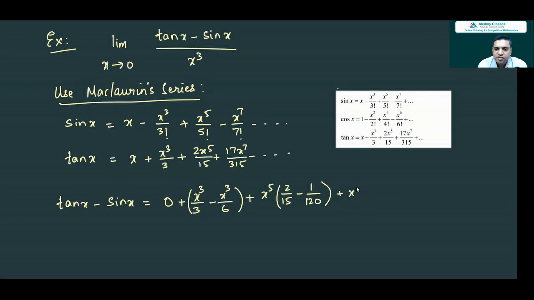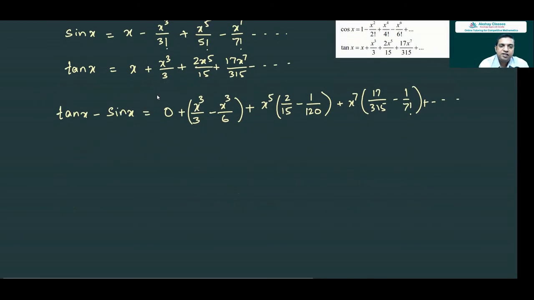Then the x power 7 term, you don't have to do anything about it. You just leave it like this. It goes on. The first term is important for us. So this is 2 minus 1, so I get x cube upon 6, plus this also we can do, 15 into 8 is 120. So this is 2 into 8, 16 minus 1. So we get 15 by 120, that is 1 by 8.